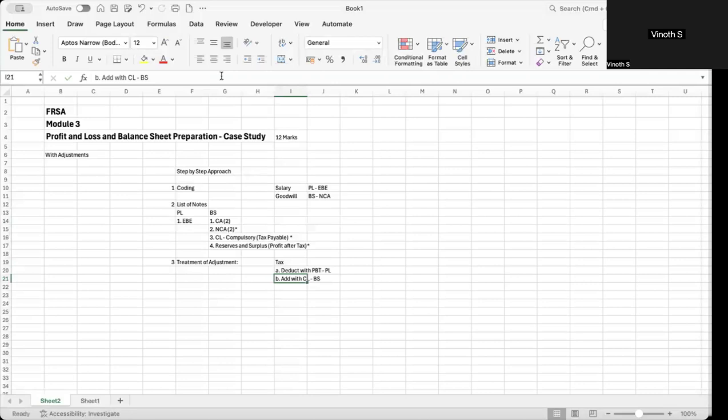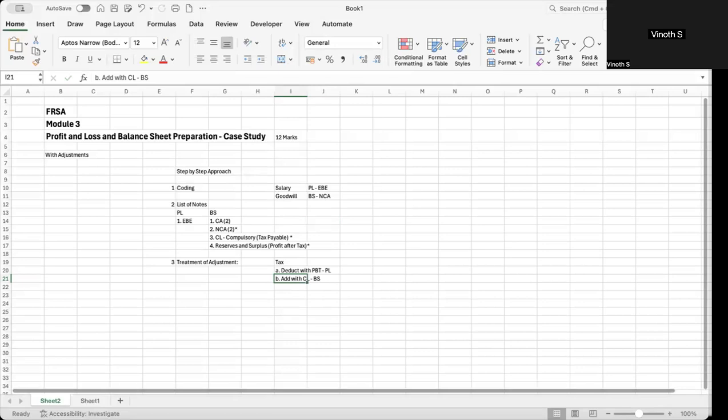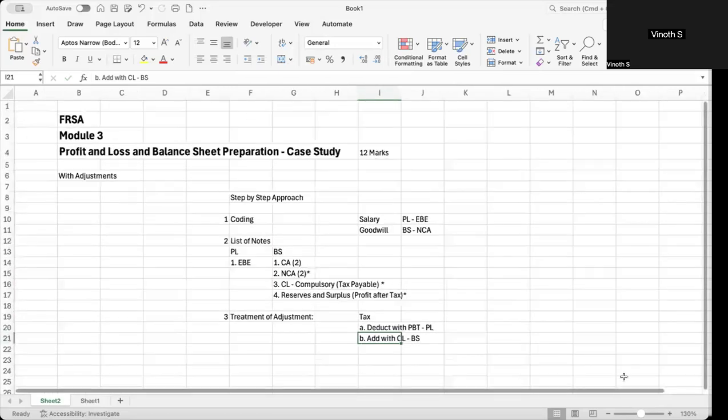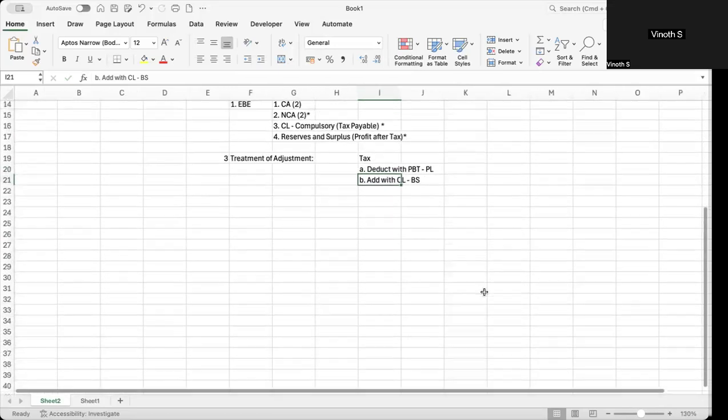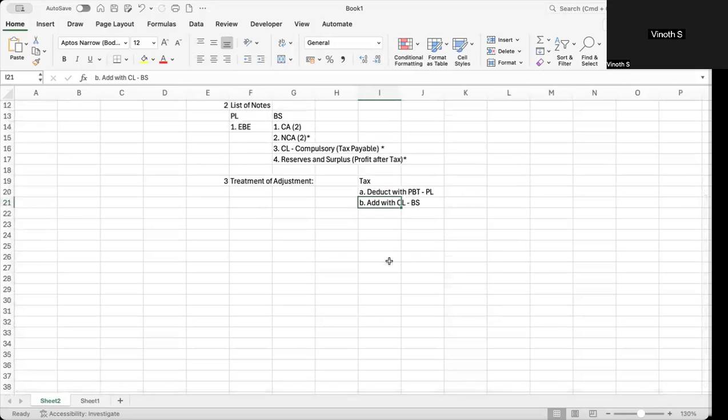So tax is a compulsory adjustment item that will come in all numericals, whatever model we are working on. Apart from tax, any one of 4 more adjustment items can come in your numerical. What are they and how can we treat them? We can see that now. The first is depreciation.